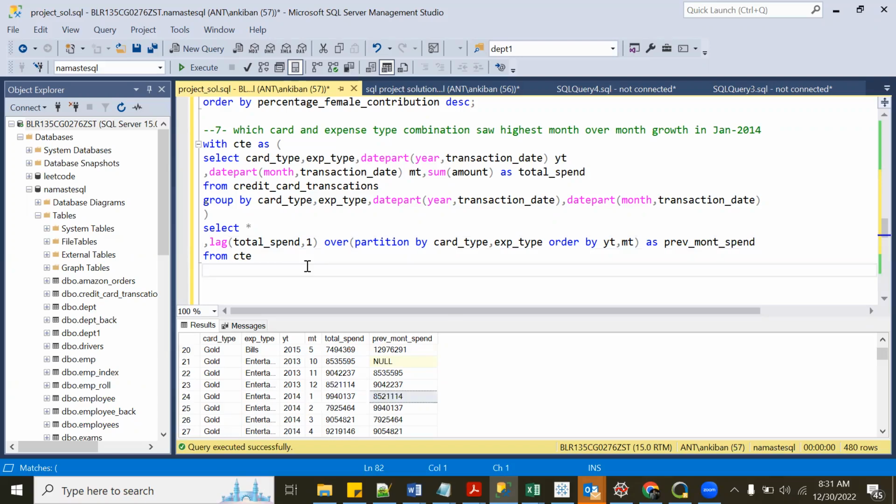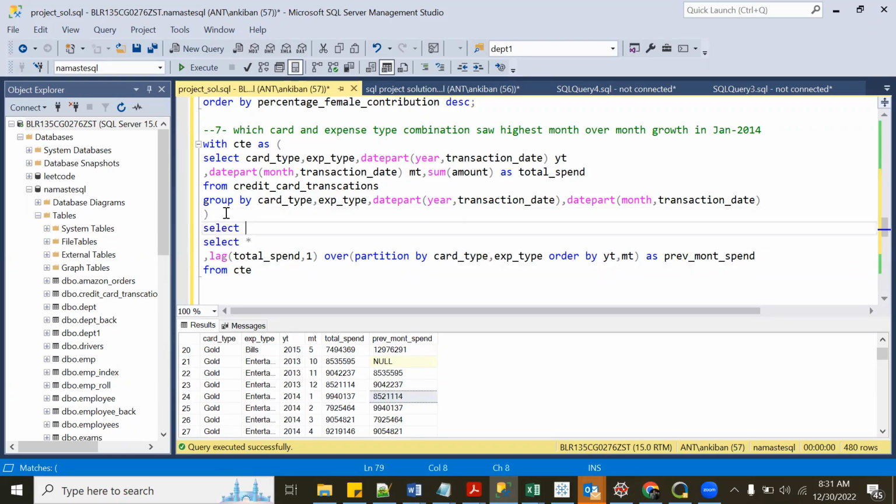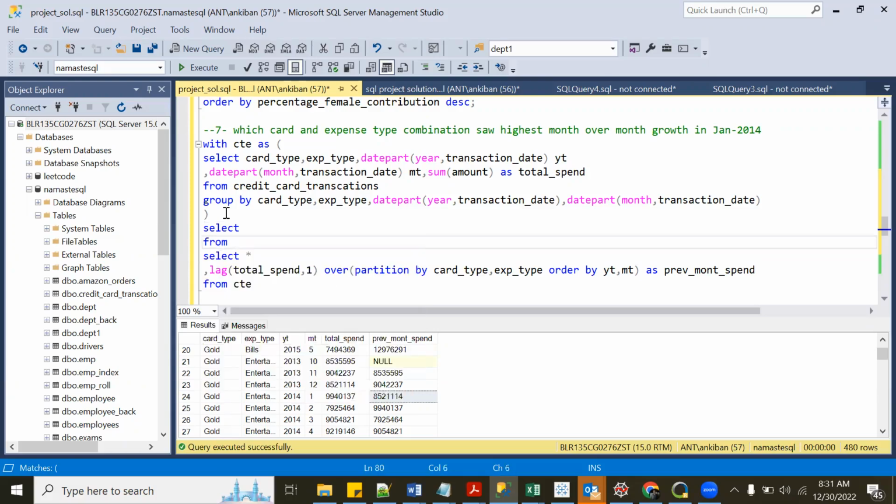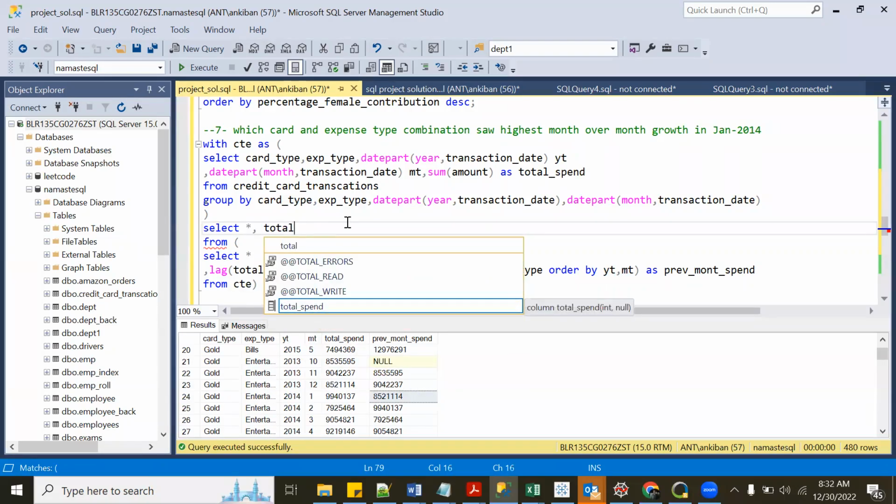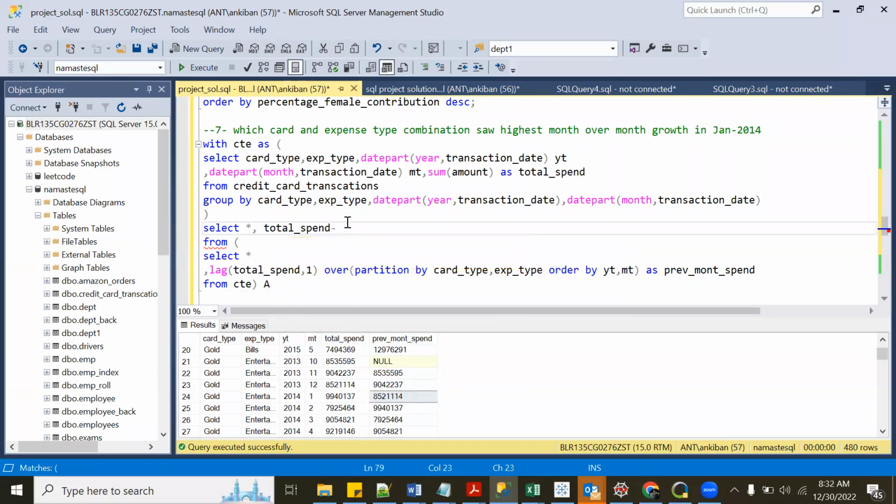Okay, so let's do it quickly. So I will say select from, let's put it as a, you can create another CTE, that is also fine. Select star comma, and we have total spend minus previous month spend divided by previous month spend.